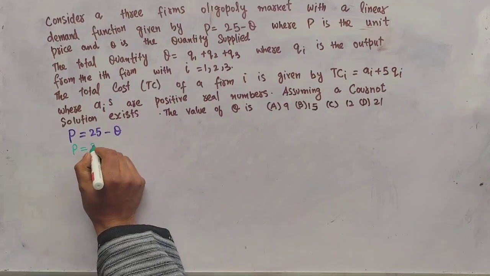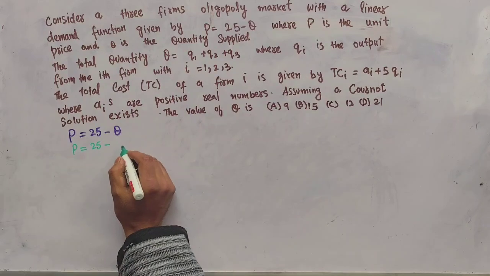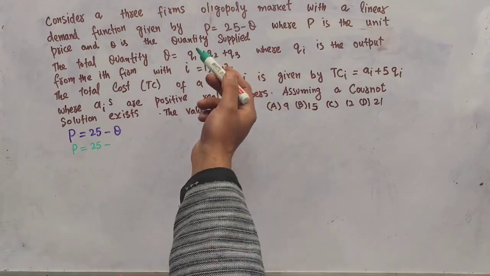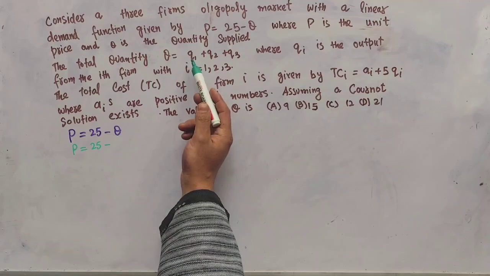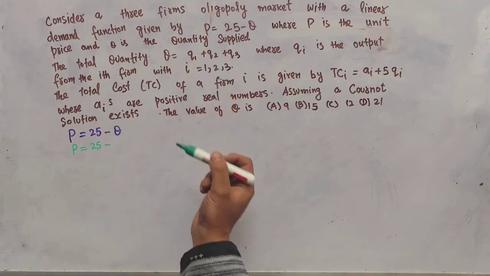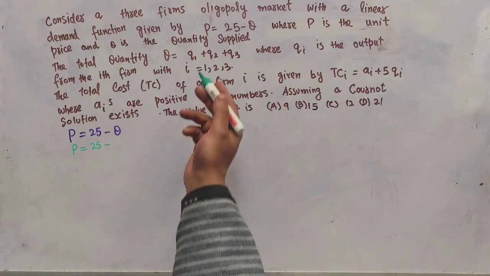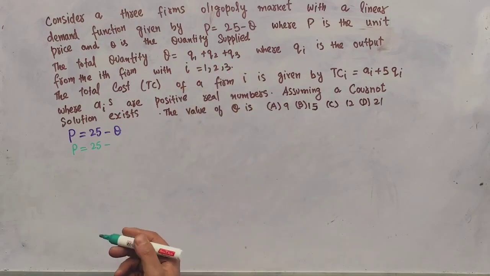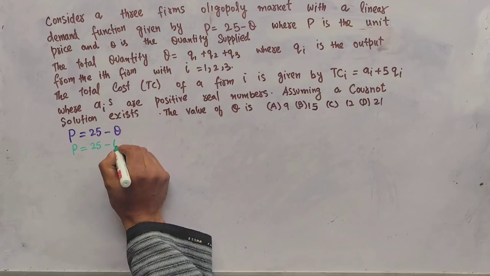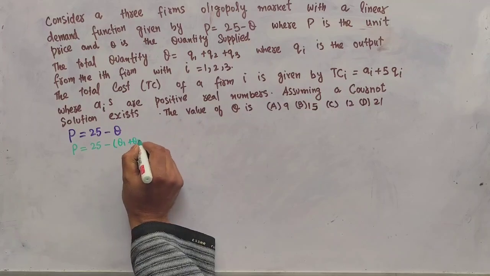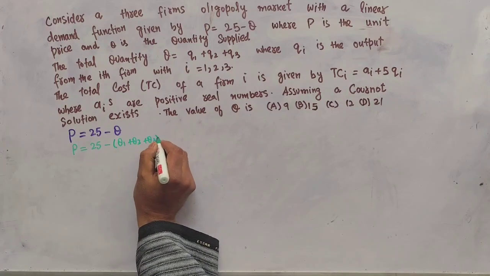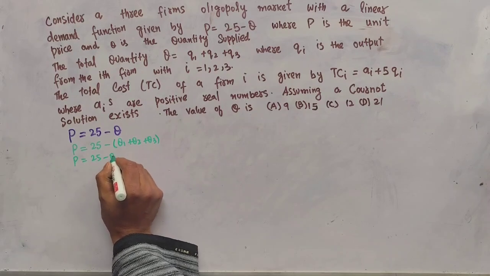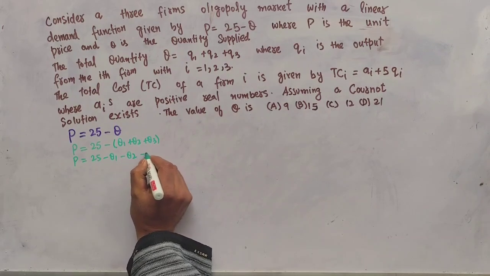P is equal to 25 minus Q, where Q is equal to Q1 plus Q2 plus Q3. Here it is shown in small caps, so I will write it in capital letters, because I get confused with q's as 9. So total demand function will be 25 minus Q1 minus Q2 minus Q3.